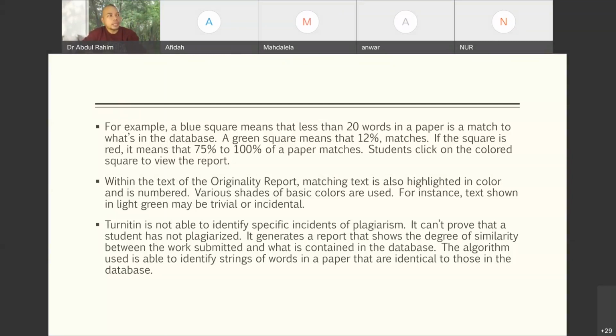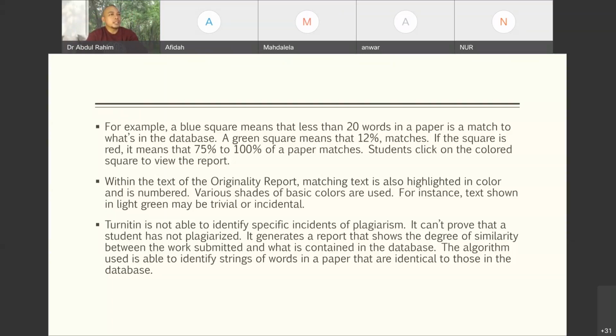If the square is red, it means 75% or even 100% of the paper matches. So red means alarming, which means that this person has committed a huge copy-paste from outside resources, so we have to remove the red lines.